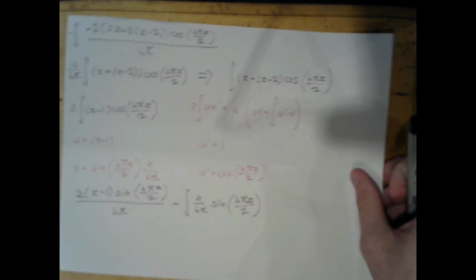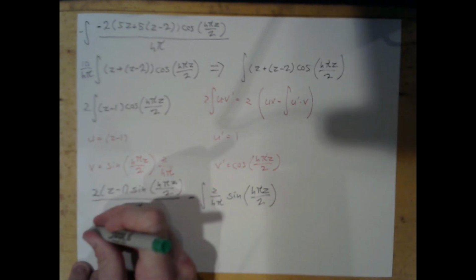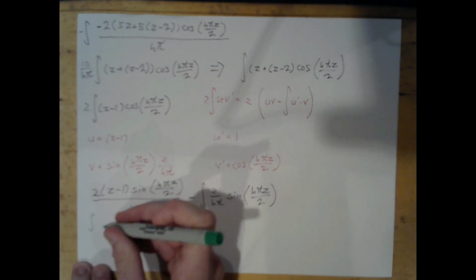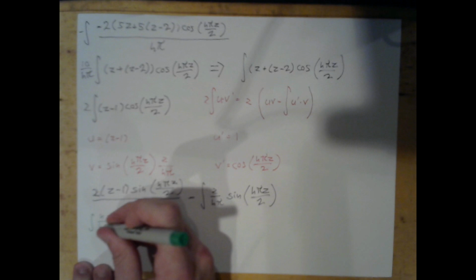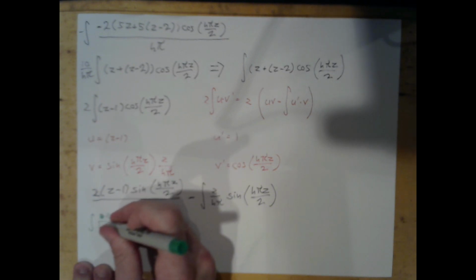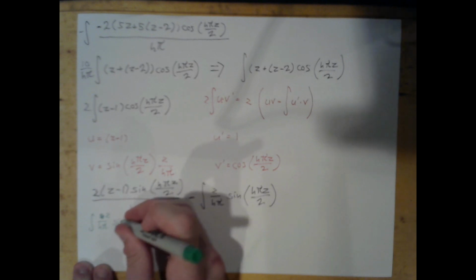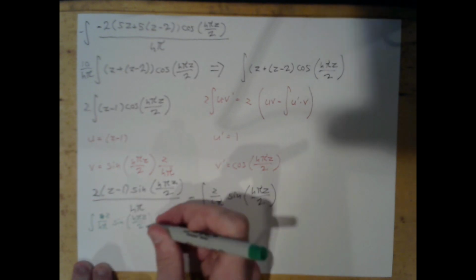So now we're going to have the integral here. I'm writing this in green because it's a sub problem. 2 over h pi times sine h pi z over 2.